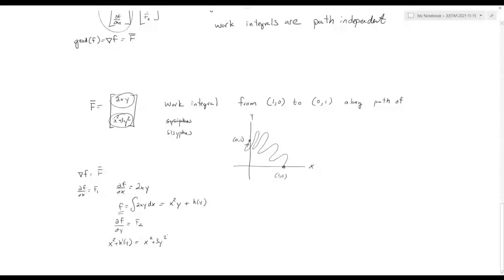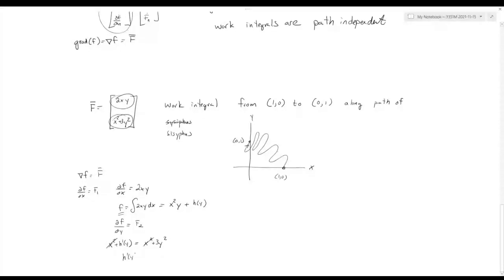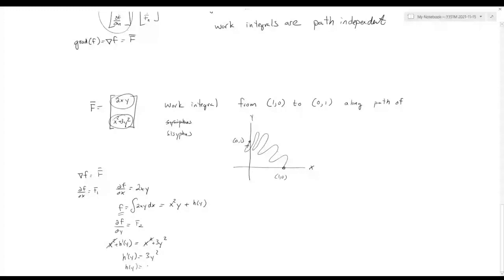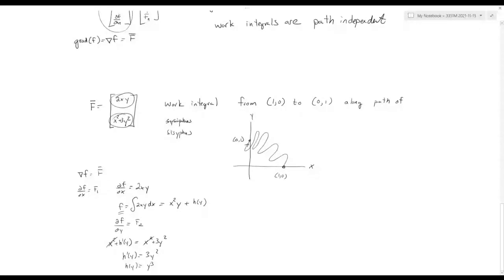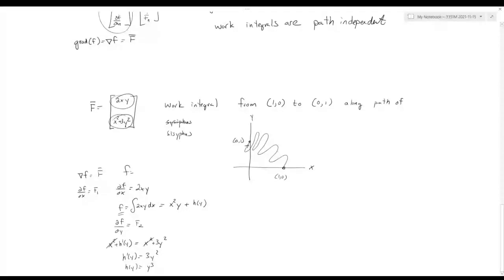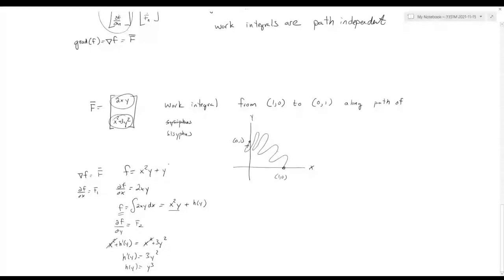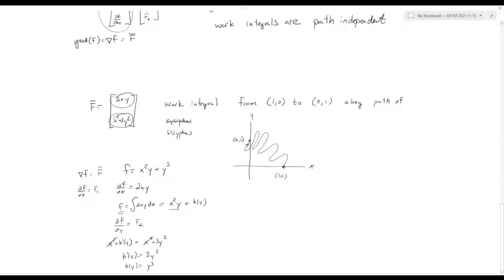So these x squared terms cancel, and you see that h prime is 3y squared. So h of y must be y cubed. So now you've totally recovered f. f is x squared times y plus h of y, which we discovered is y cubed. And that's up to a constant, really, but it doesn't matter.